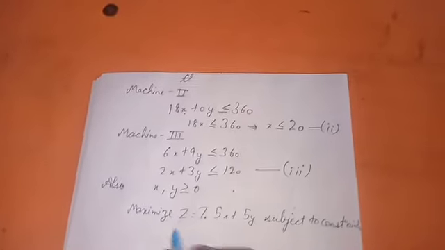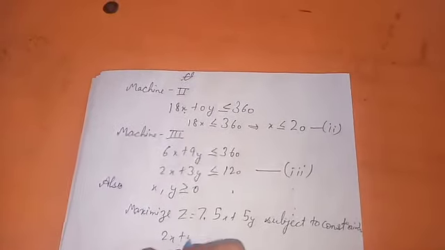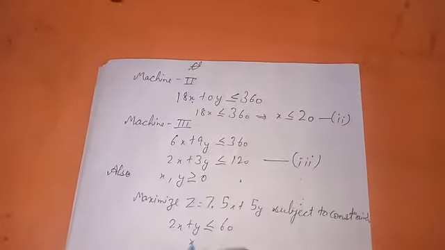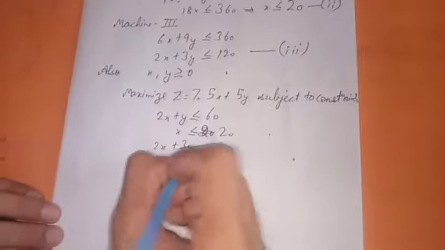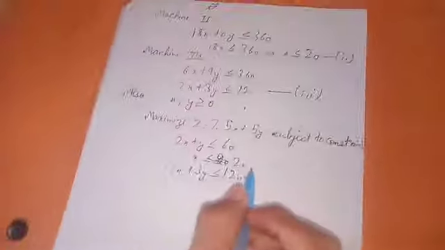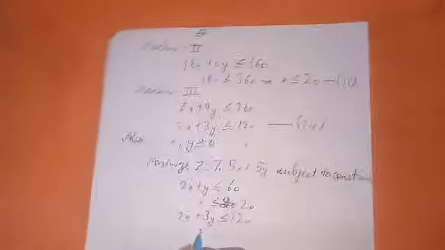What are constraints? 2x plus y should be less than or equal to 60. X should be less than or equal to 20. And 2x plus 3y must be less than or equal to 120. Okay. And x and y should be greater than or equal to 0.